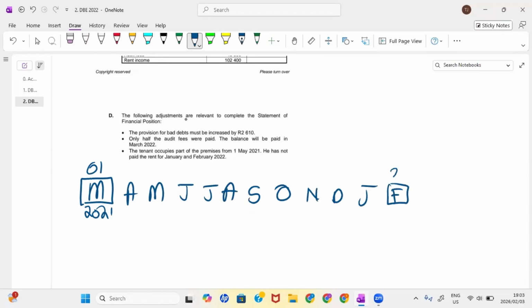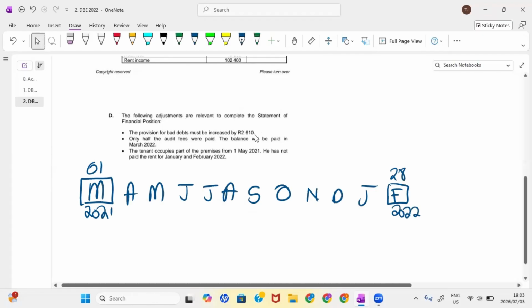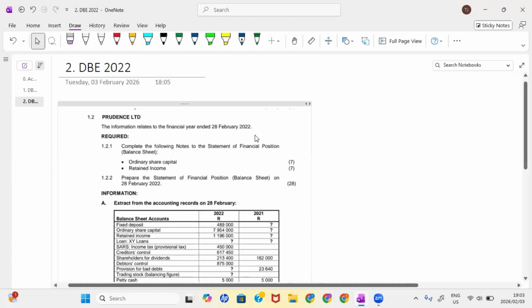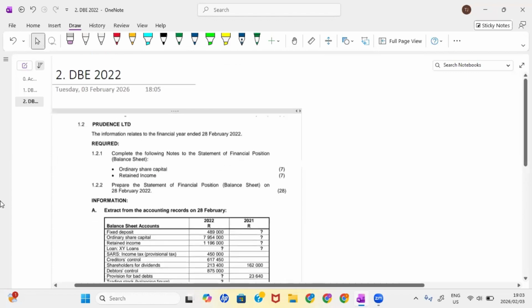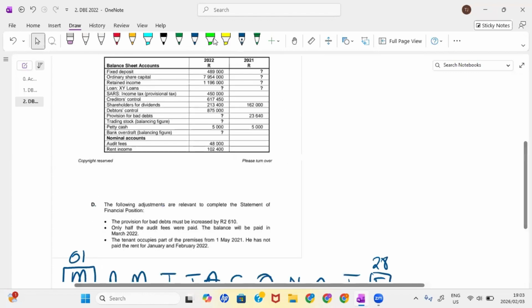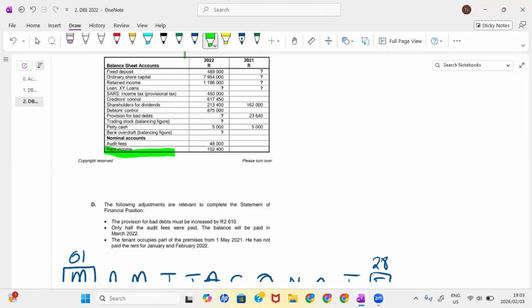So we are ending on 28 February 2022. Yes? So we disregard everything else. We are just looking at rent income, as we have been doing with other questions.